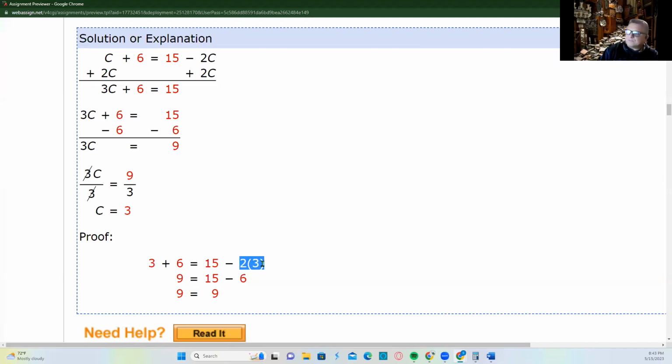I have to do this multiplication first. So -2 times 3 is going to be -6. And they went ahead and did this on this side, which you can do. 3 plus 6 is 9. So I'm left with 9 is equal to 15 minus 6. 9 is indeed equal to 9. We've proved it. We know how it works.